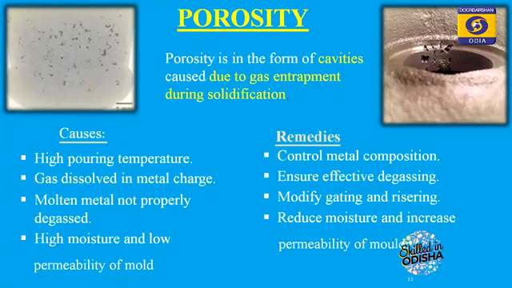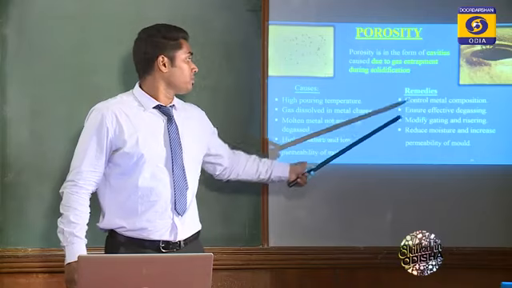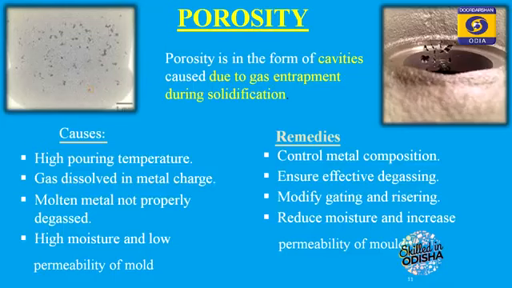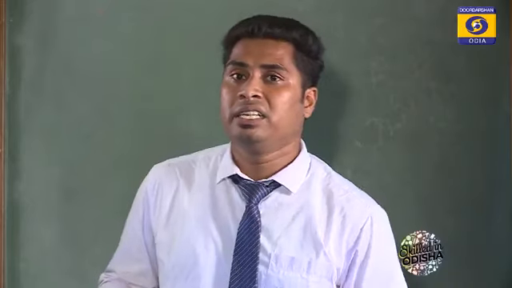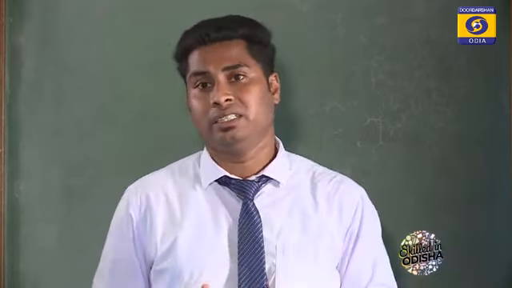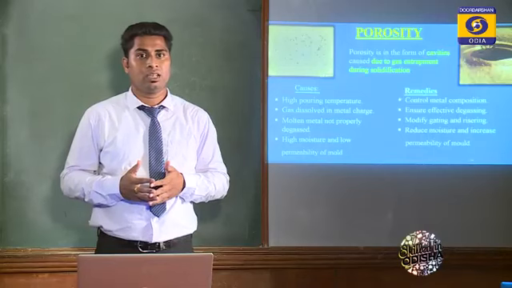Modify the gating and risering system, and lastly, reduce moisture and increase permeability of the mold. So the main thing is that by reducing the gas present inside the liquid molten metal, we can prevent the porosity casting defect. Okay, understood?